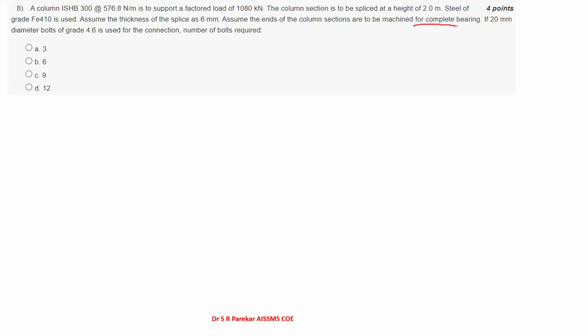If 20 mm diameter bolts, then we have number of bolts required. So we will first find the strength of the bolt. You know already we have to find it in shear, then in bearing, and the minimum of the two is the strength of bolt, 45.26 kilonewtons.